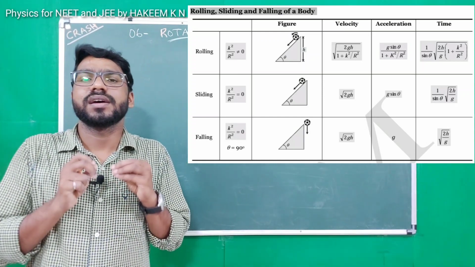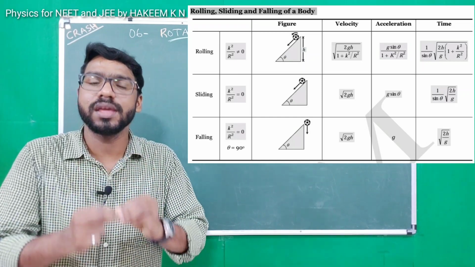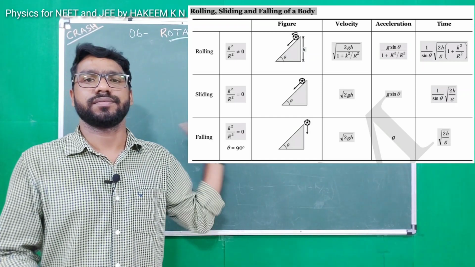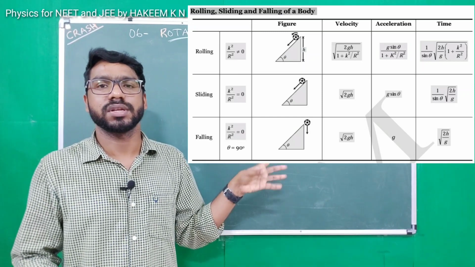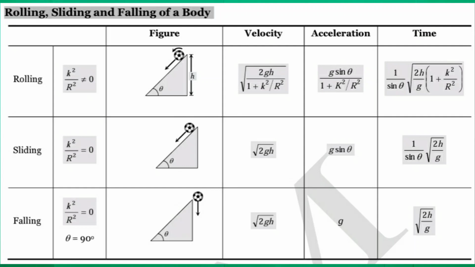That means radius of gyration k is defined only in rotational motion. So you can see in the table, for rolling k square by r square is not equal to 0, but for sliding and falling k square by r square equal to 0. You can see the diagrams, velocity, acceleration, time, that we already discussed.